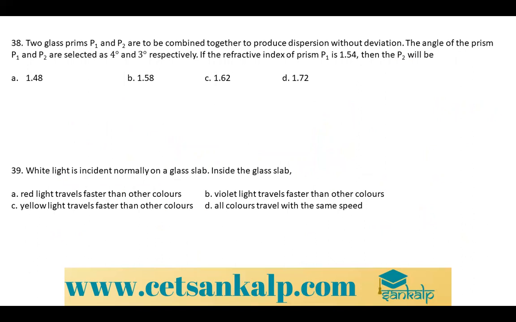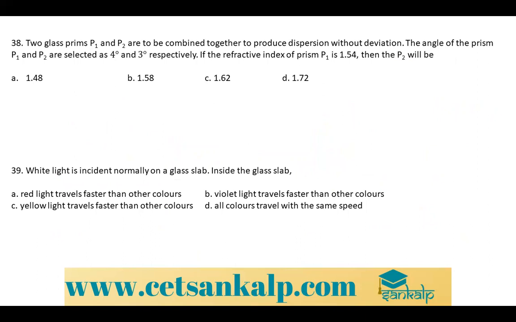Two glass prisms are to be combined together to produce dispersion without deviation. The angles of prisms P1 and P2 are selected as 4 degrees and 3 degrees respectively.